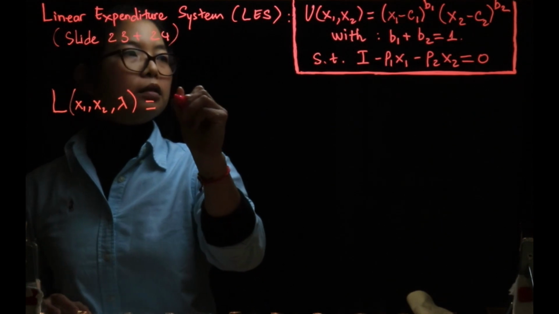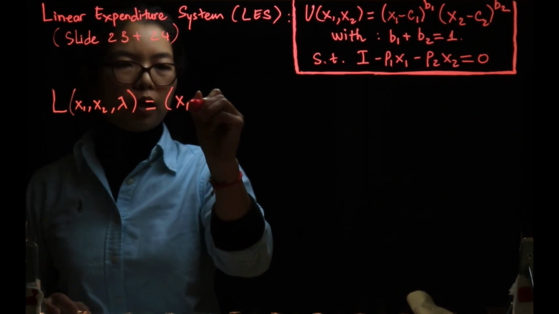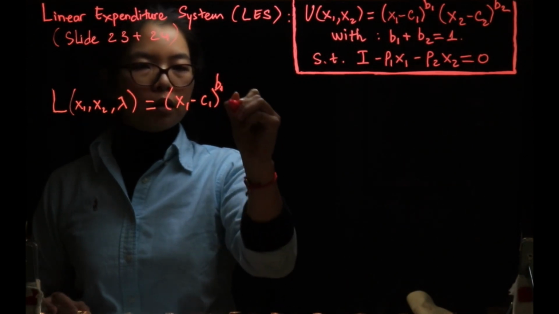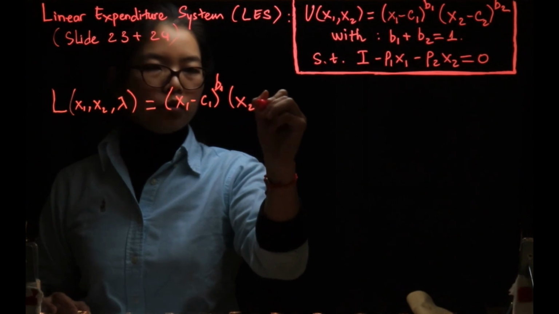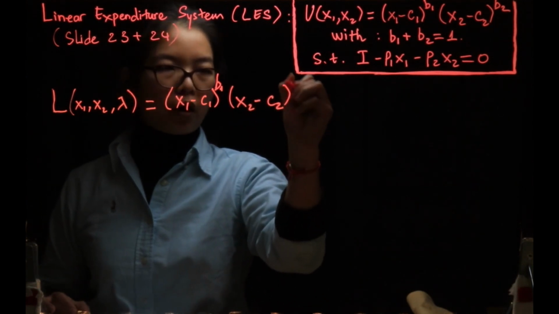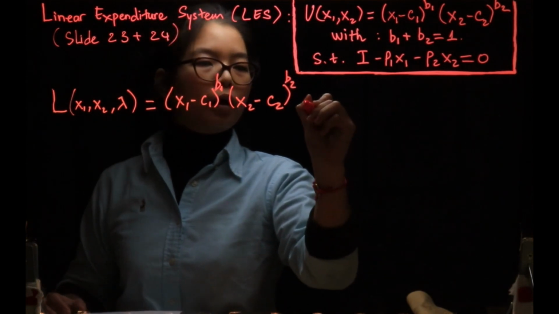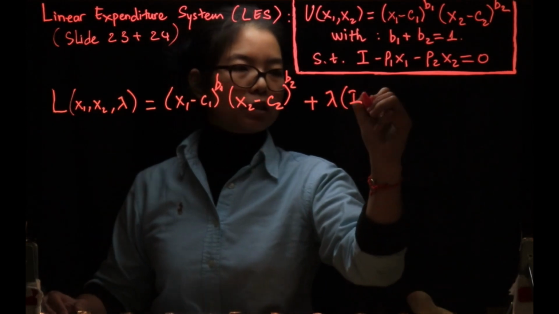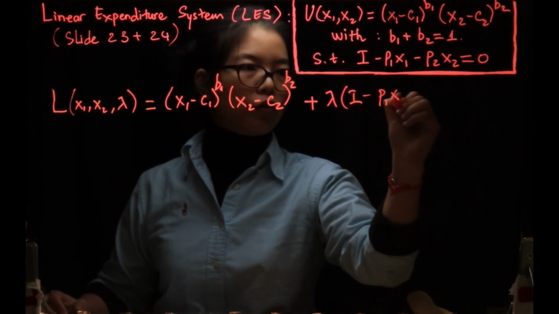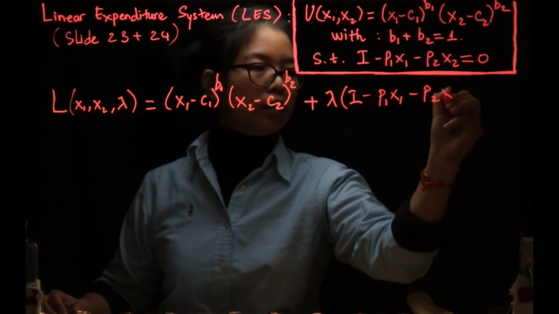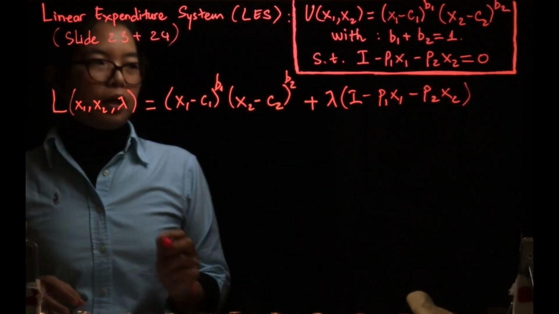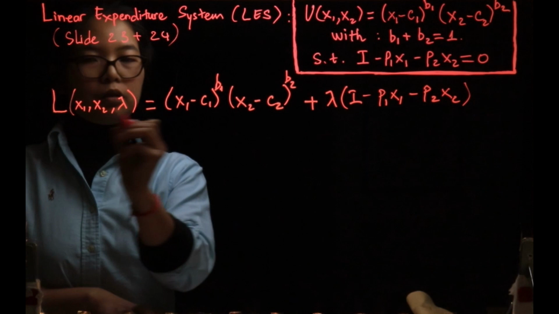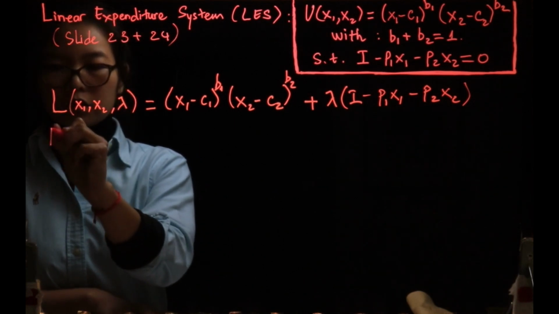And it is u, which is (x1 minus c1) to the power of b1, times (x2 minus c2) to the power of b2, plus lambda times the constraint as before. Nothing new at this stage. I know that it looks kind of complicated, but we can do it. So, first order conditions.